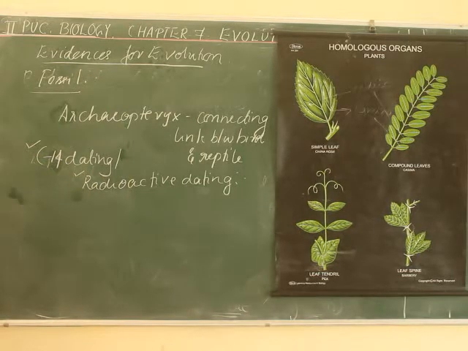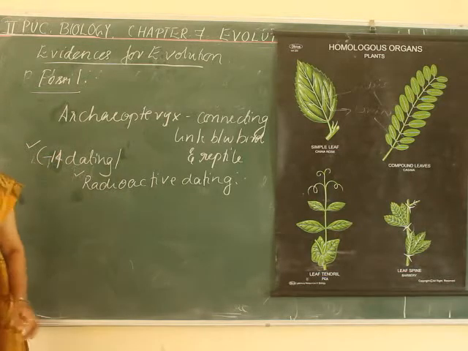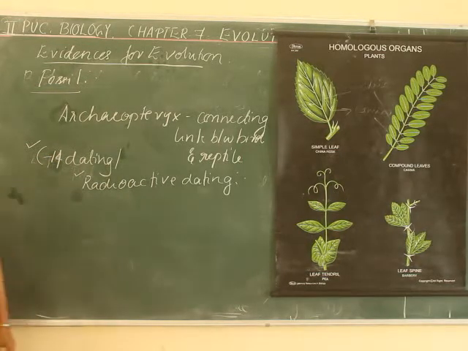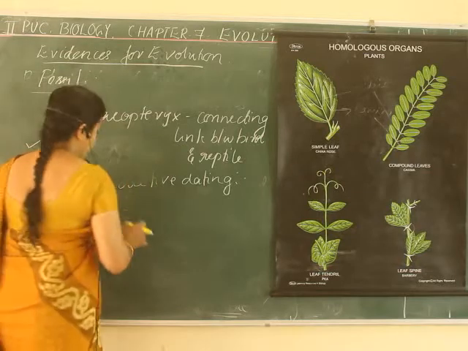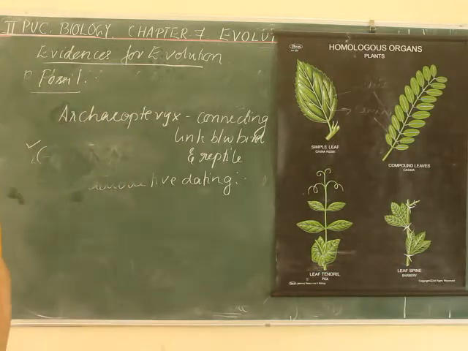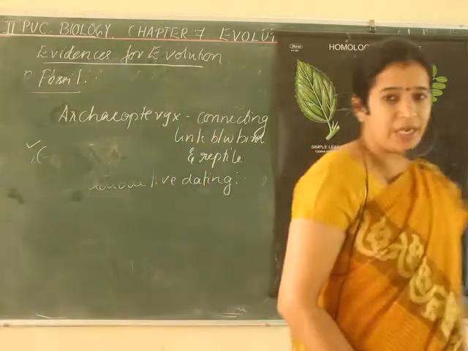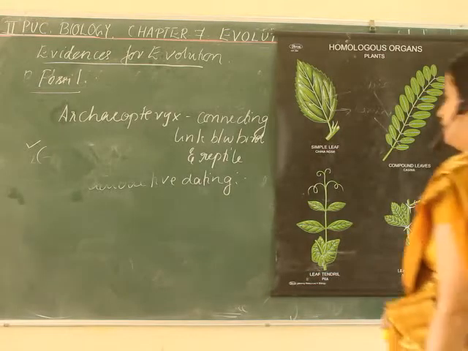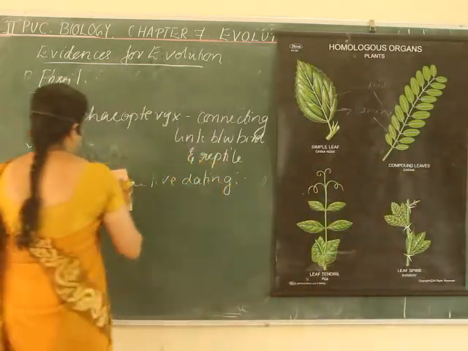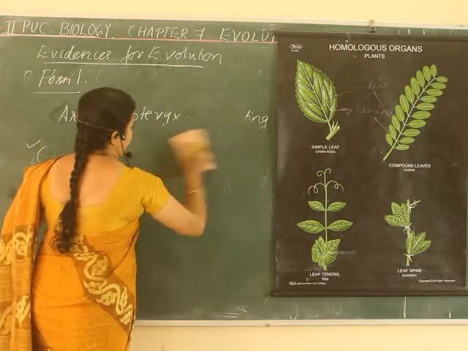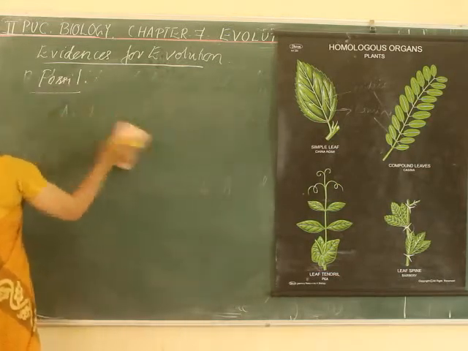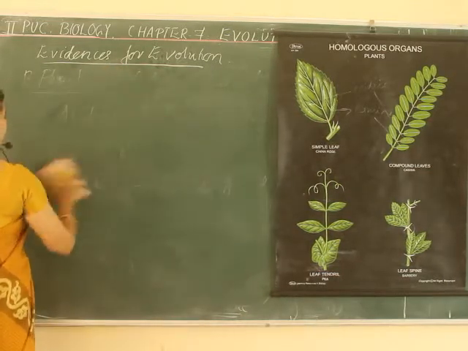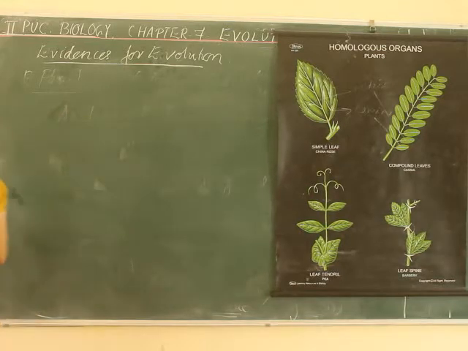Let us move on to the next evidence. It is morphological and anatomical evidences. Morphological and anatomical evidences give comparative anatomy between the animals which are present, that is, the internal features of the various animals and their structures can be analyzed.